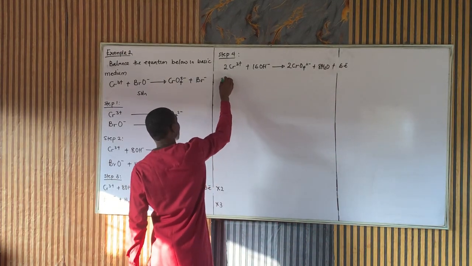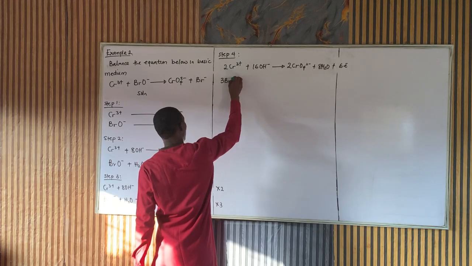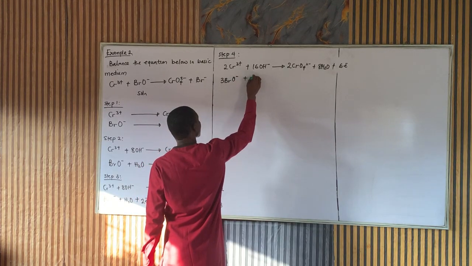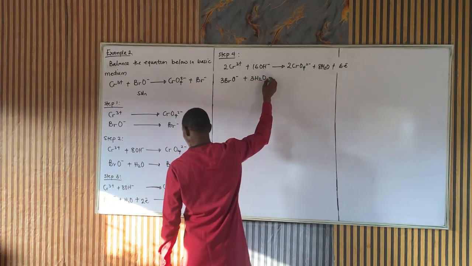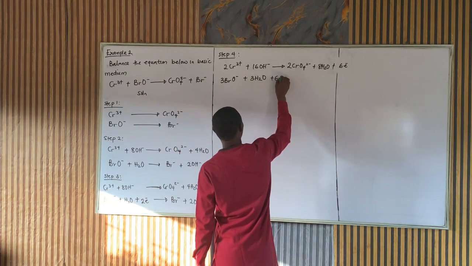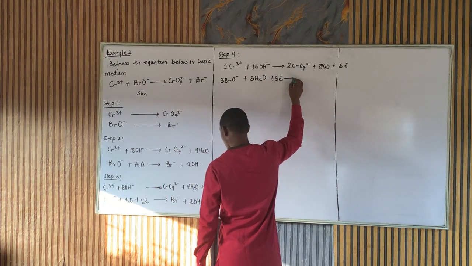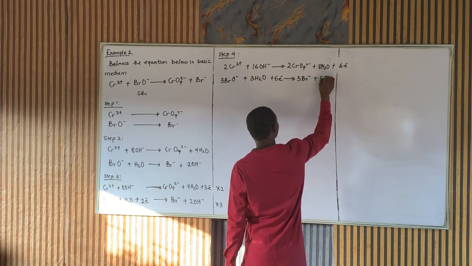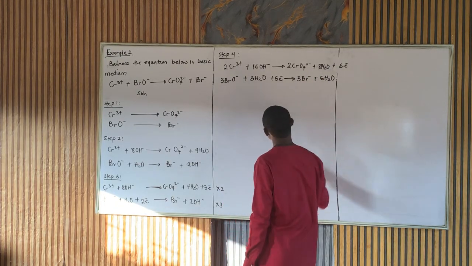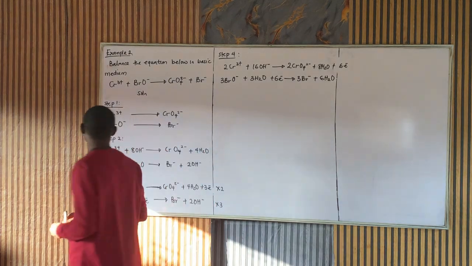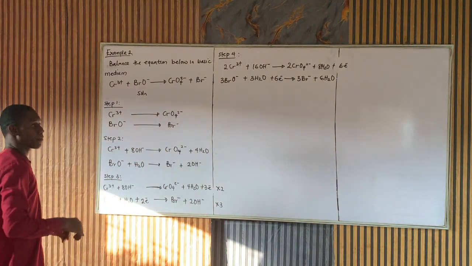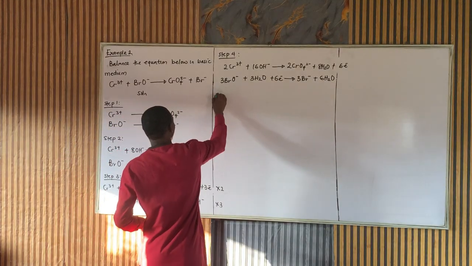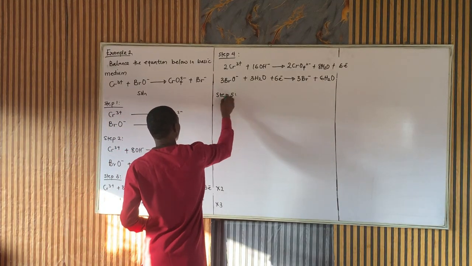This is 3 BrO- plus 3 molecules of water, then plus 6 electrons to give 3 Br- plus 6 molecules of water. So we are done multiplying by 2 and 3. Now the last step is to add up. That's step 5, before eliminating common terms.